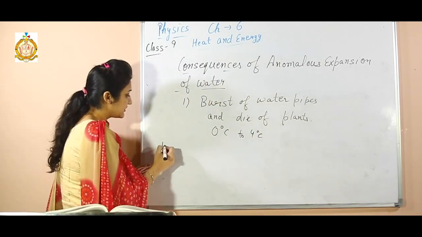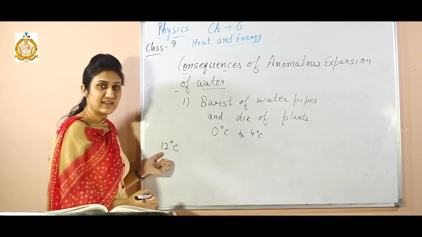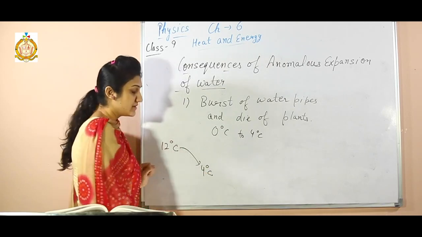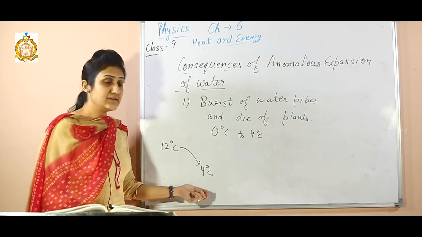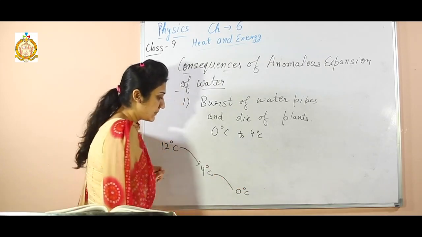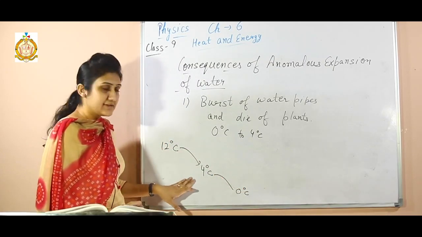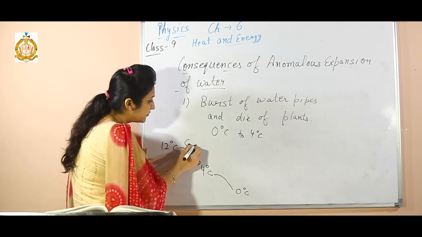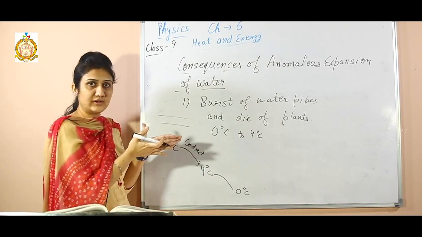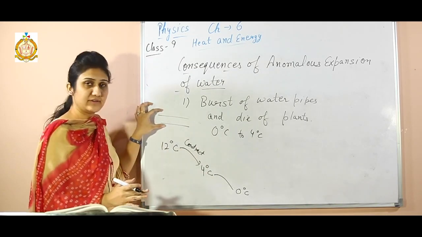Suppose the temperature firstly was at 12 degrees Celsius, then it falls to 4 degrees Celsius, and again it decreases from 4 degrees Celsius to 0 degrees Celsius. If there is a decrease in temperature, there is contraction of water occurring. That is, in the pipe, the water is contracting, so it would not affect the pipe.